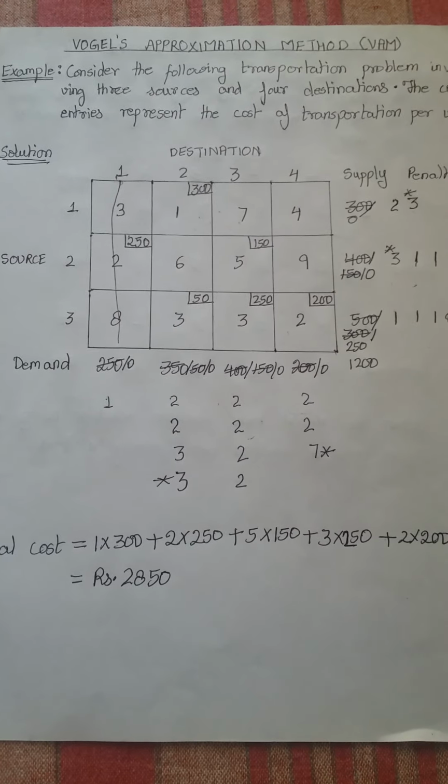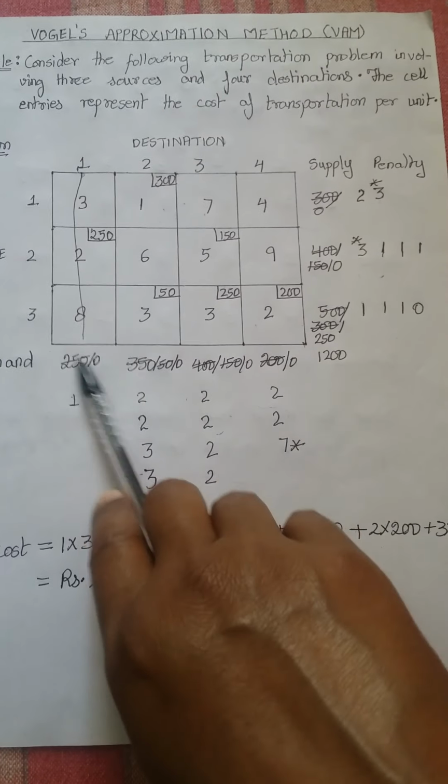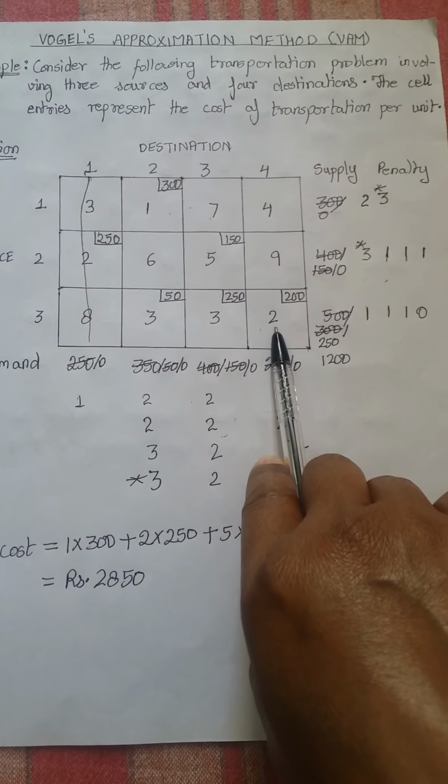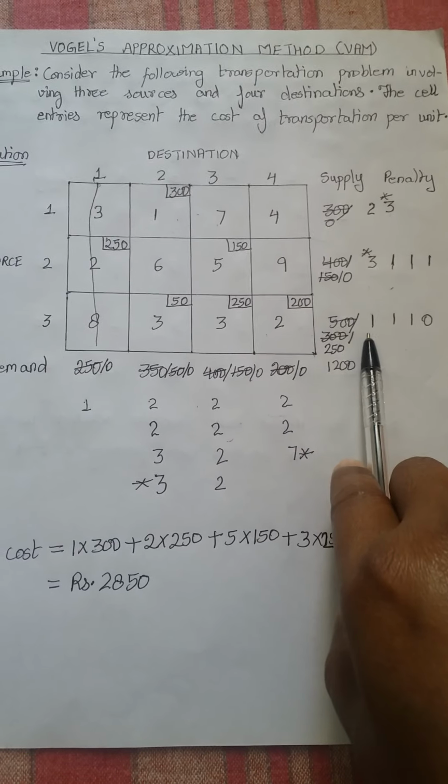Next, moving to the second row, the minimum value is 2 and the next minimum is 5. So 5 minus 2 comes out to be 3. Now in the third row, the minimum value is 2 and the next minimum is 3. So 3 minus 2, we get the penalty 1.